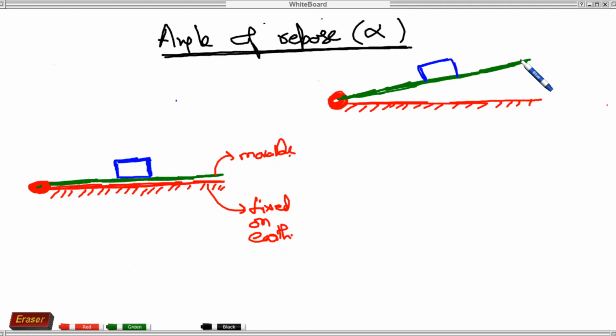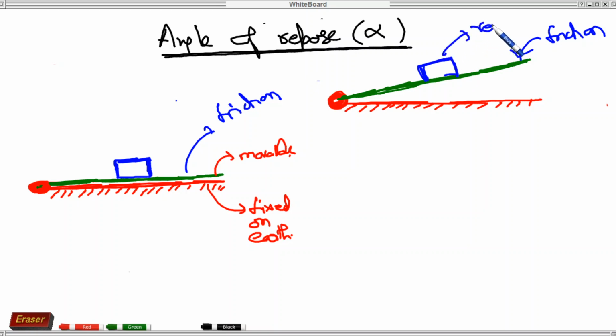Remember, there is some friction here. So this block is kept over it, nothing is happening. It's in state of rest.